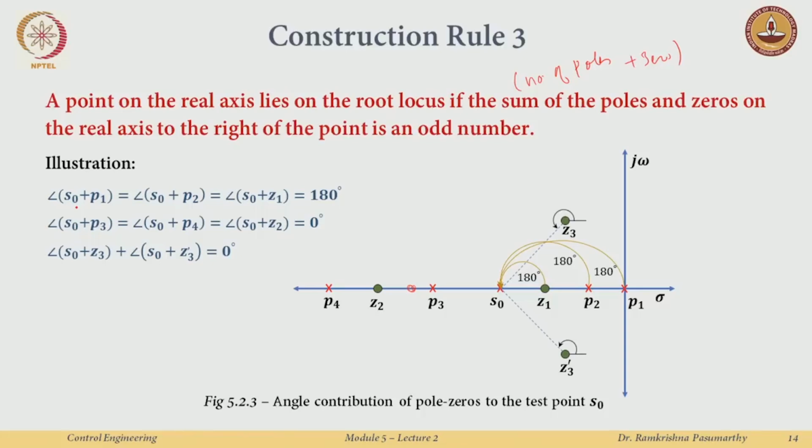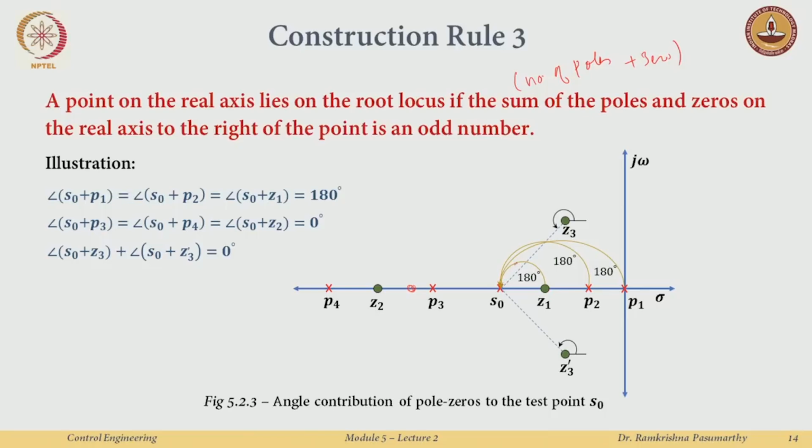Okay. So, why is this true? Again, the root locus should satisfy the angle criterion. Let me take a point here and call it S naught. What happens at S naught if I measure the angle? Well, this pole contributes an angle of 180 degrees, this pole contributes 180 degrees, this pole contributes 180 degrees.